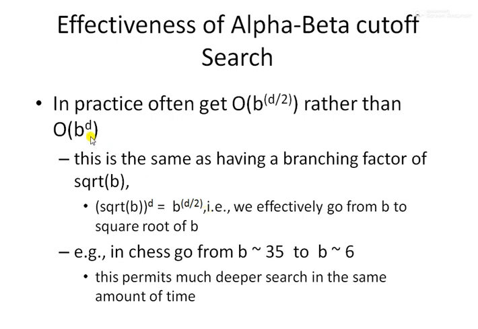So for a game like chess, the value can be 35 to the power 50, which is a very huge number. By using alpha-beta pruning, some research papers have claimed that the branching factor can be reduced to 6 only. So it has a lot of impact on computational cost in terms of space and time. That is the effectiveness of alpha-beta pruning.